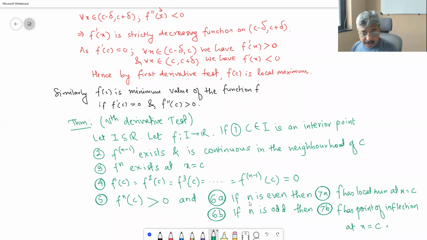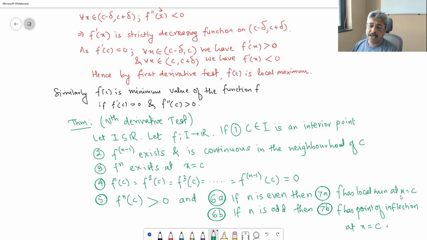then if n is even, f has a local minimum. This is our second derivative test. So it's a special case, right? F dash of C is equal to 0. Then if f second derivative of C is greater than 0, then it is a local minimum.